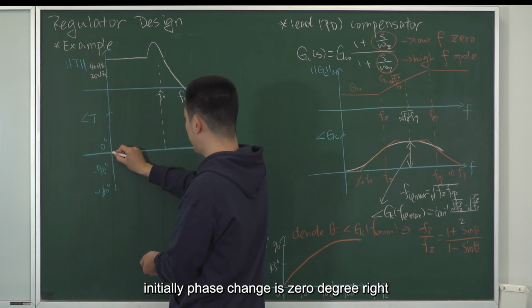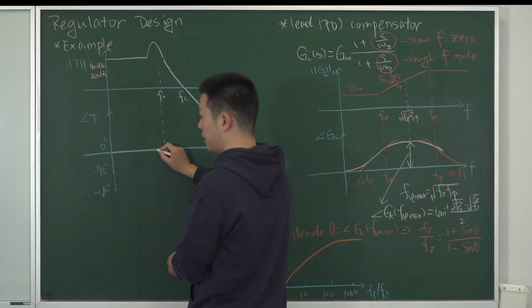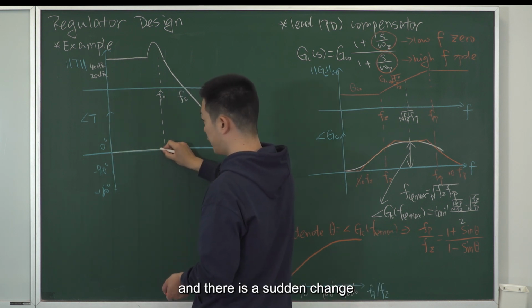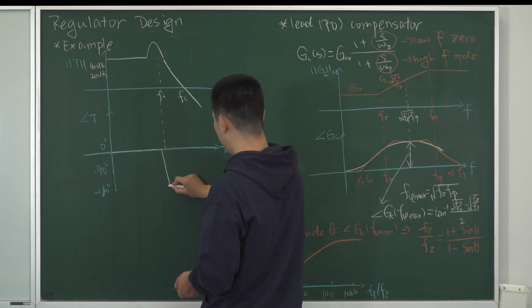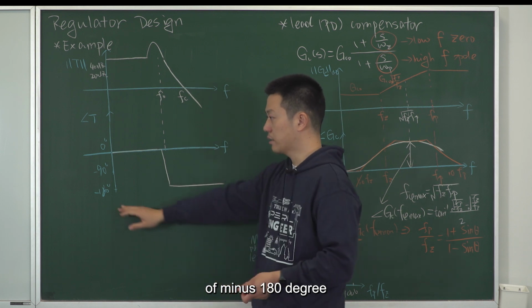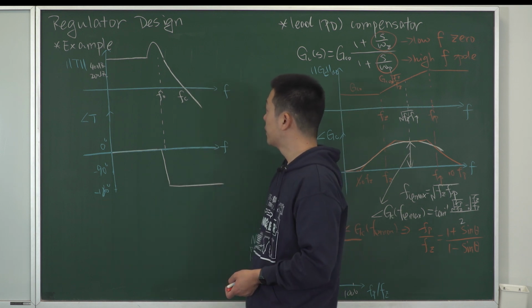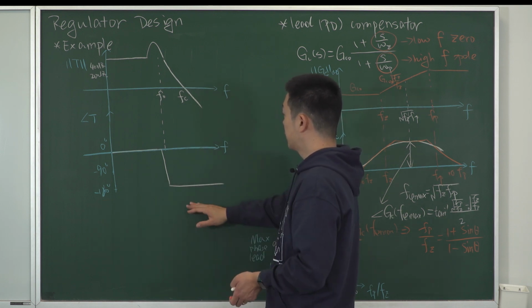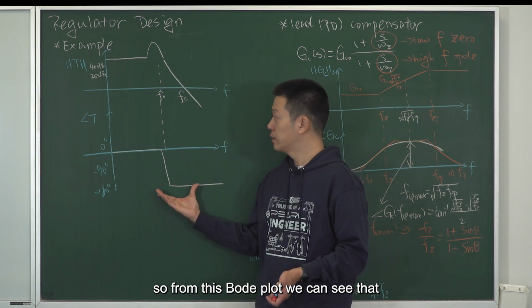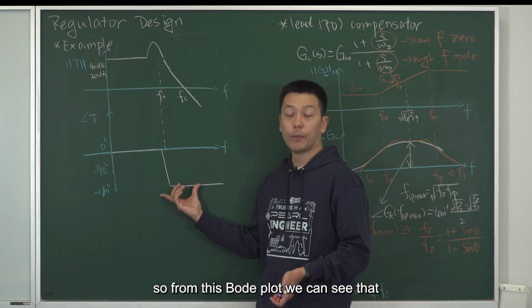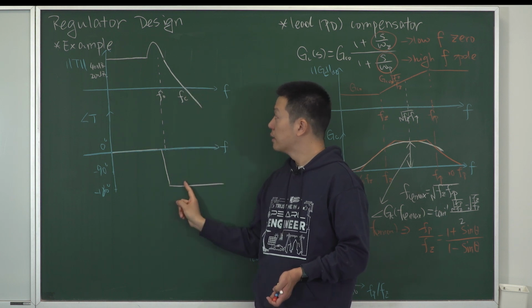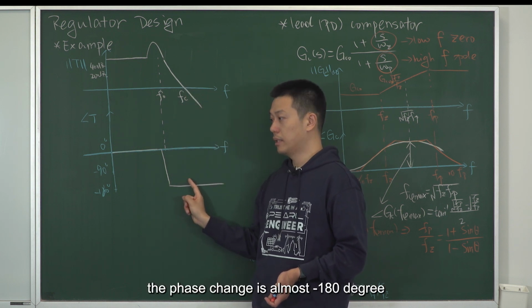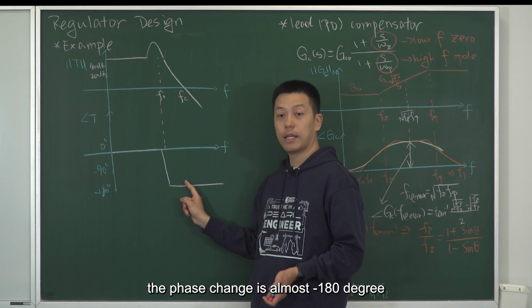Initially, phase change is 0 degree, right? And there is a sudden change of minus 180 degree. So from this Bode plot, we can see that at the crossover frequency, the phase change is almost minus 180 degree.